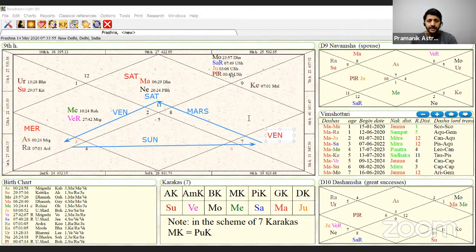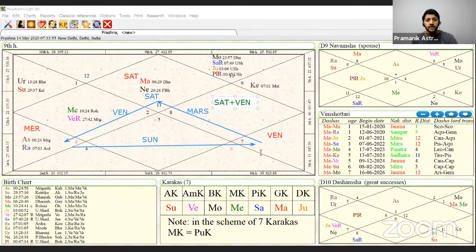And if you look at this, let's talk about a few of the conjunctions. Let's say we have Saturn plus Venus here. Now what's happening? Saturn is the first lord and Venus is the 10th lord, 9th lord.